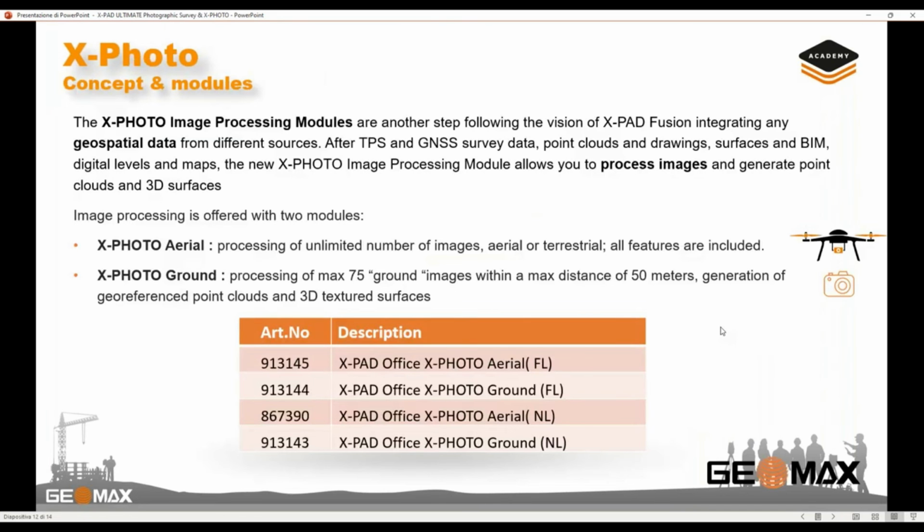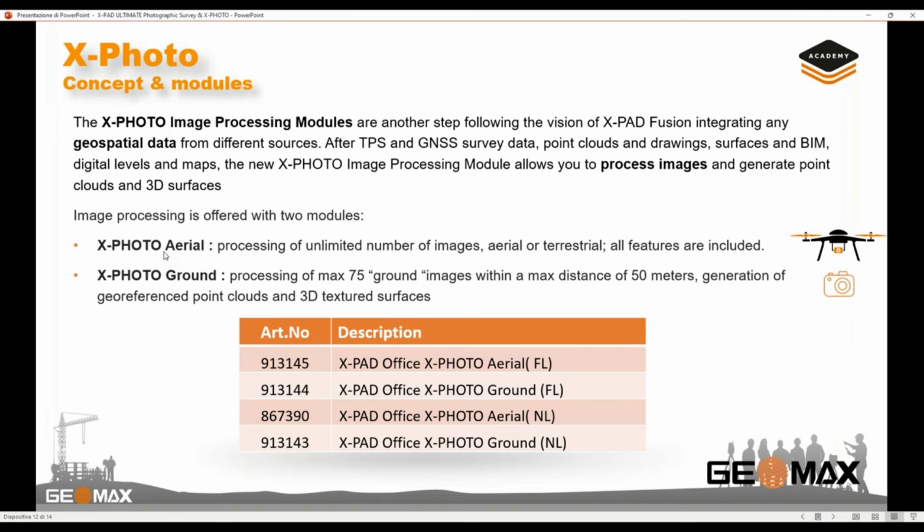Regarding instead the Xphoto solution, Xphoto is the image processing module, which allows to process images from drones and from terrestrial photogrammetry. We have two different models for the image processing. Xphoto Aerial allows you to process an unlimited number of images, aerial or terrestrial, with all the features included.